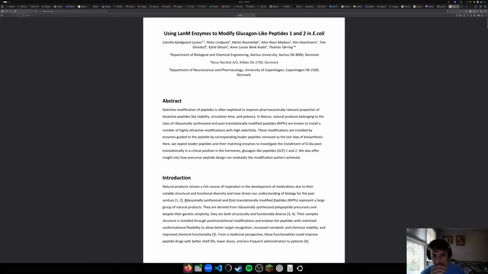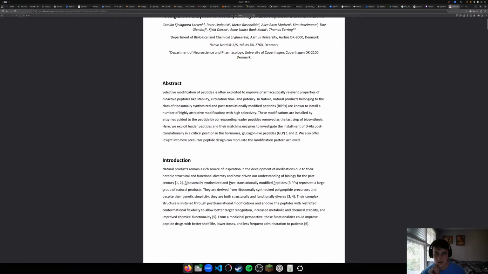All right, let's read this for a second. It's often exploited to improve in nature. Natural products are known to install a number of highly attractive modifications with high selectivity. Enzymes are guided to the peptide by corresponding leader peptides.